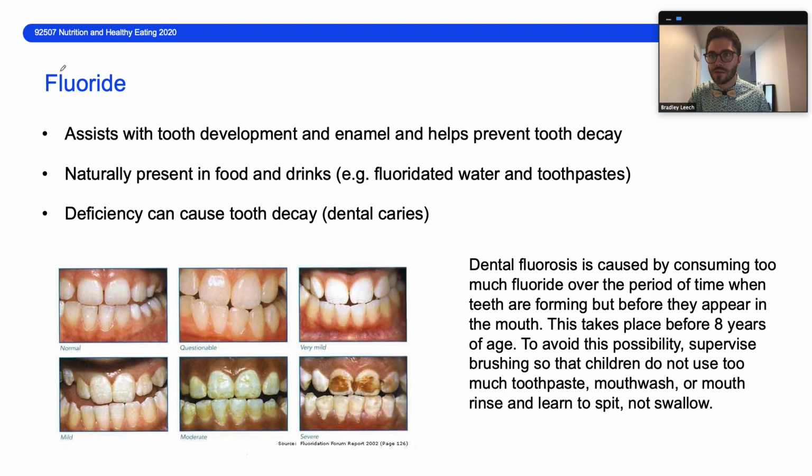Okay, last mineral, fluoride. Okay, fluoride assists with teeth development and really prevents decay within our teeth. Now, what I will note is there are two major sources of fluoride in our environment. They are fluoride within our water and fluoride within our toothpaste.